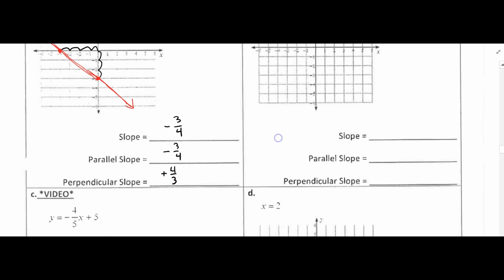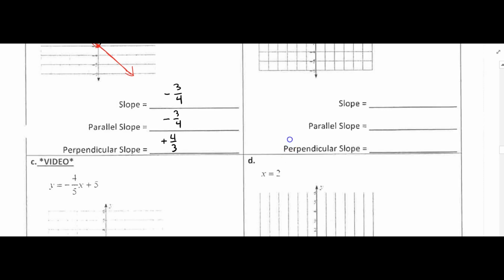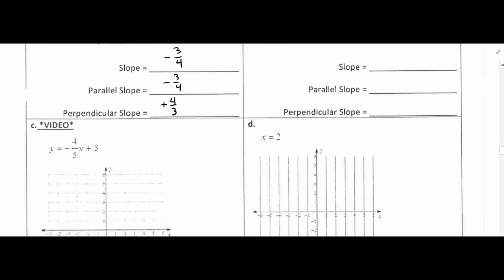Alright, so let's move on to part C. This is given to us in slope-intercept form. Remember, that's y equals mx plus b. So I know that the slope is -4/5 and the y-intercept is 5.